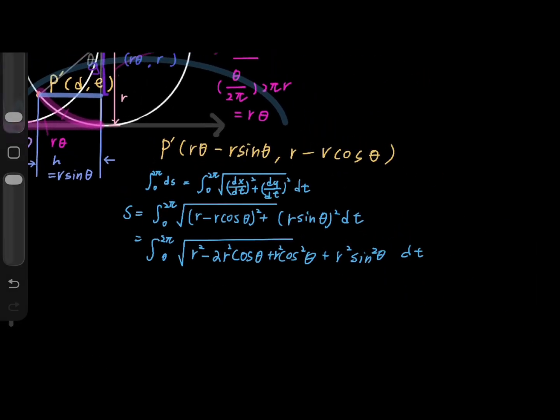Let's still keep it organized, from 0 to 2 pi, square root. We all know this will be R square, 2R square, and 2R square too. So it will be 2R square times 1 minus cosine theta.